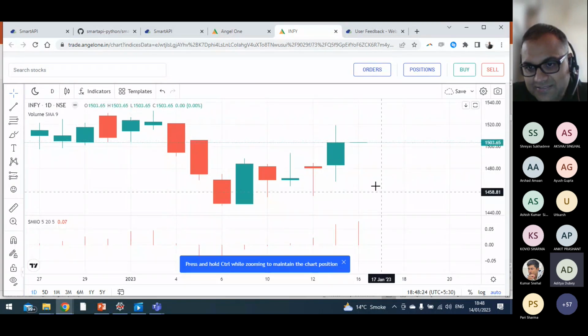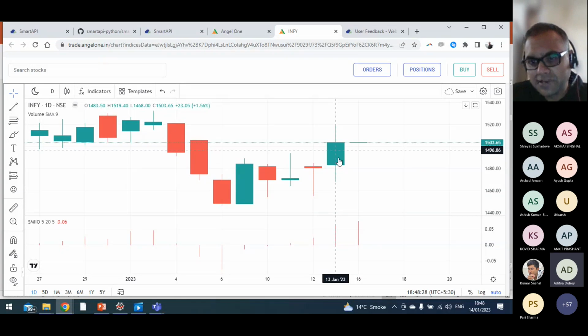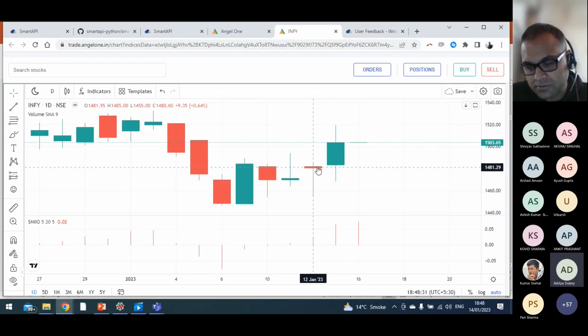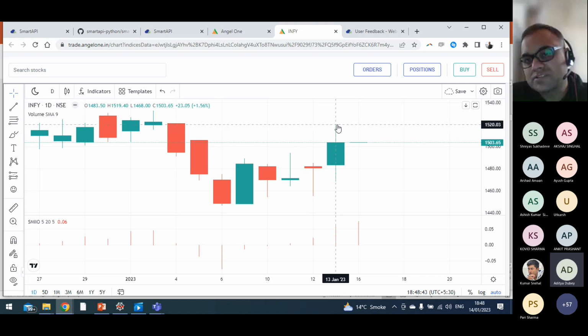If I look at this candle, on 13th of Jan the stock opened at 1483.02. It closed at 1503.77, and then there is a wick. This wick tells you the high price of the day and the low price of the day. The high price was 1520 and the low price was 1468.